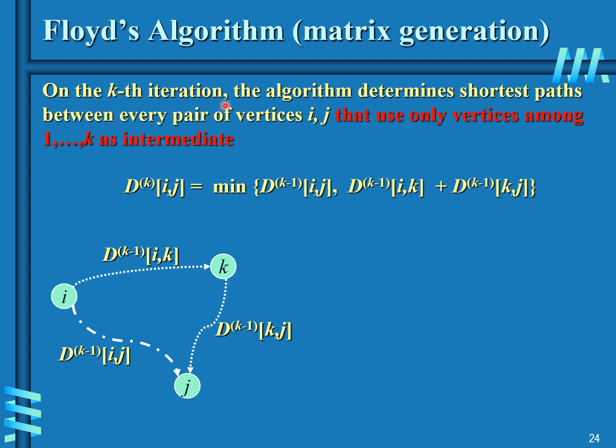On the kth iteration, the algorithm determines the shortest path between every pair of vertices i, j that uses only vertices among 1 to k as intermediate. So to find d(k)(i, j), take the minimum of d(k-1)(i, j), or the sum of these two edge weights via the intermediate vertex. Sometimes going through an intermediate vertex by adding these two weights may be less than the direct path.